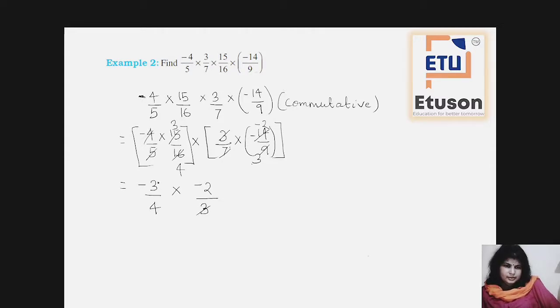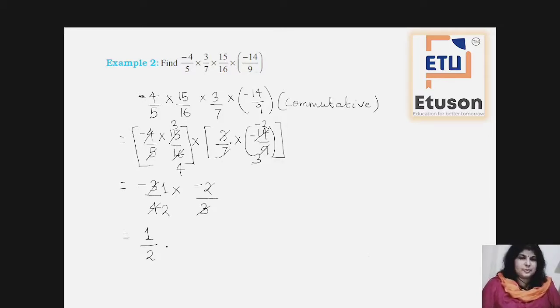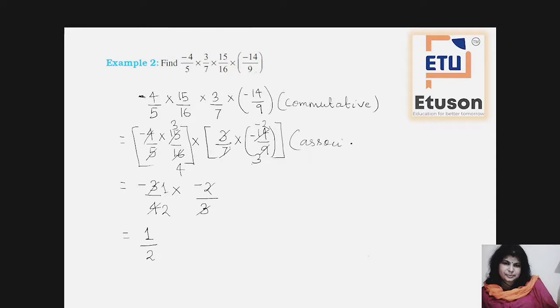Again 3 and 3 cancel out and 4 and 2 cancel out, so your answer is 1 by 2. So quickly you could find the answer to this problem by using your commutative and associative properties. Correct or not, students?